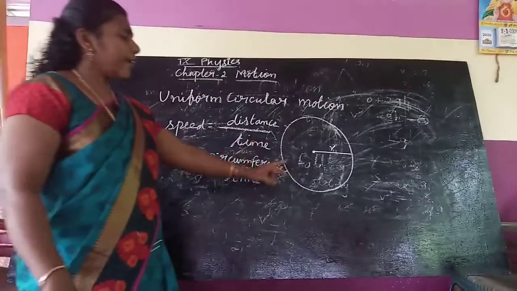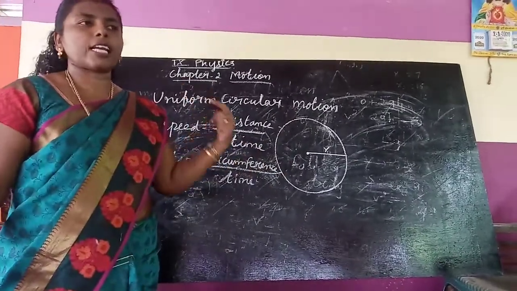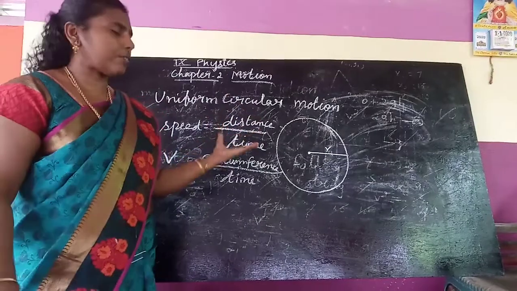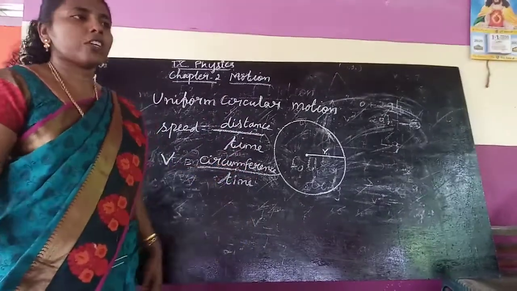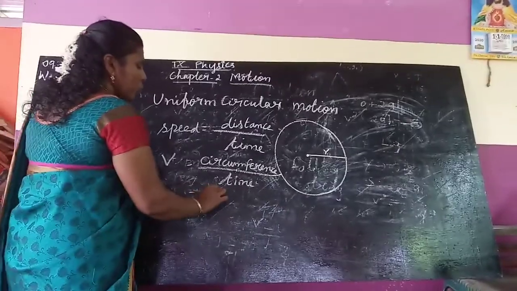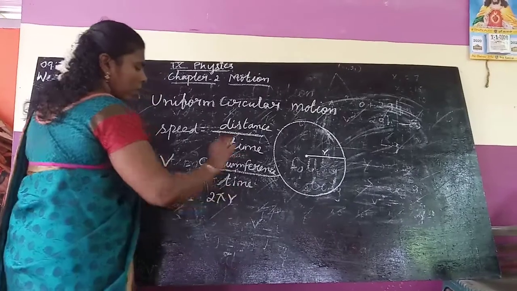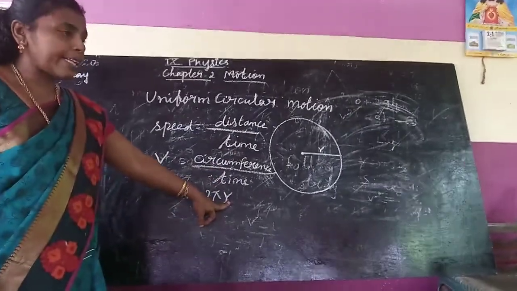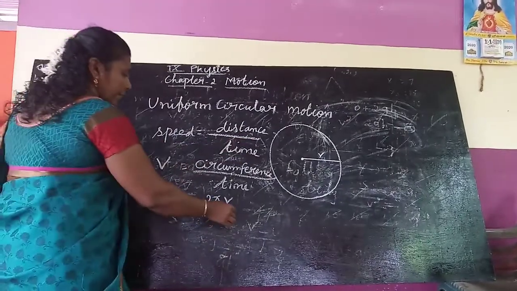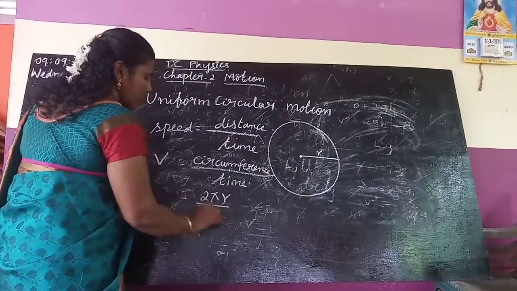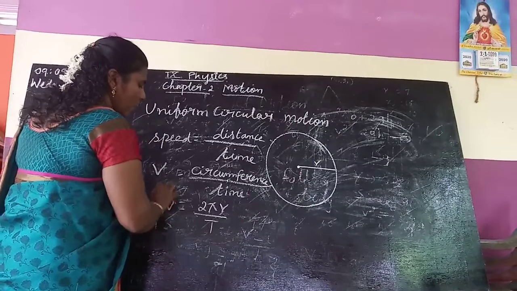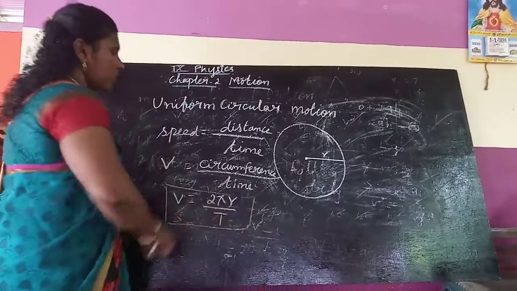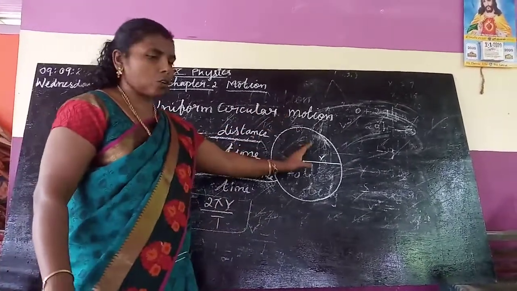Now say the answer: what is the formula for the circumference of a circle? We learned it in lower classes. 2 pi r. So v equals 2 pi r, where r is the radius of the circle, divided by time t. This is the formula to calculate the speed of a uniform circular motion.